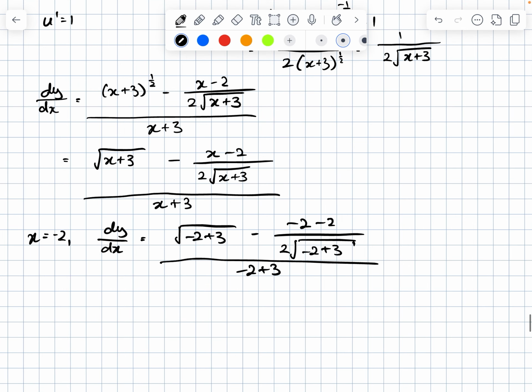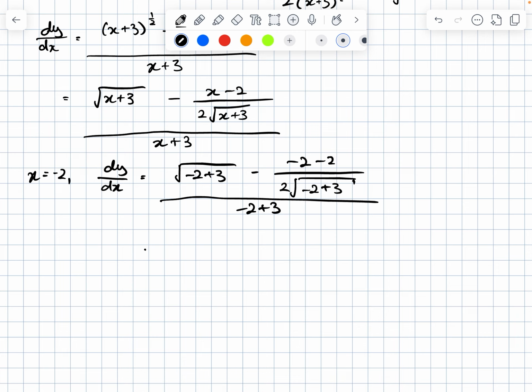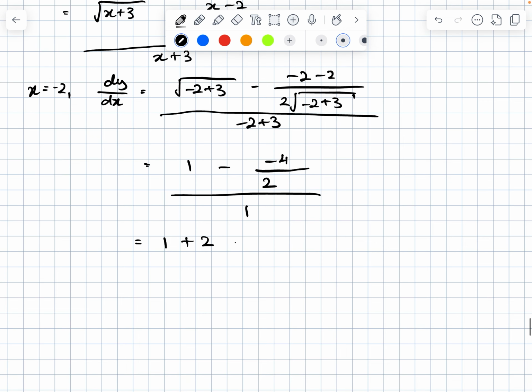Now it's worth noting that negative 2 plus 3 is just 1, so therefore we have the square root of 1, which is 1, minus negative 4 over 2 times the square root of 1, which is just 2 times 1, or just 2, all over 1. That is 1, and then negative negative makes a plus. 4 divided by 2 is 2. All divided by 1 doesn't matter. We get a final answer of 3.